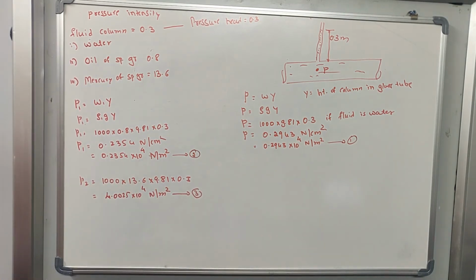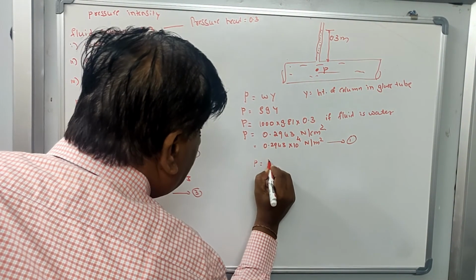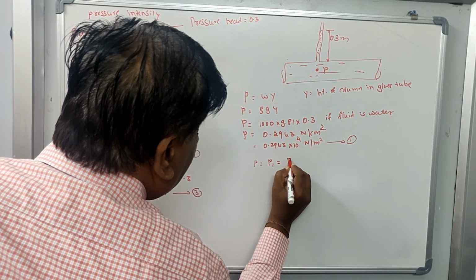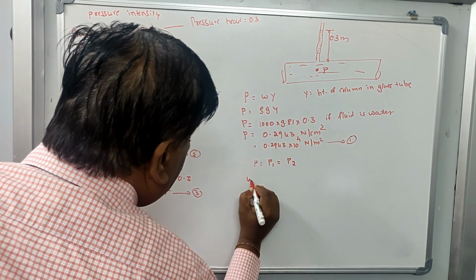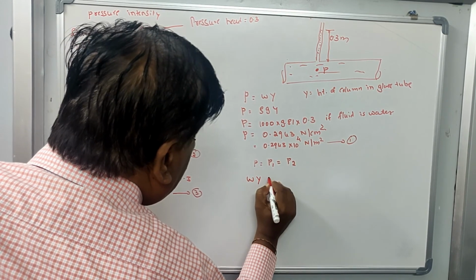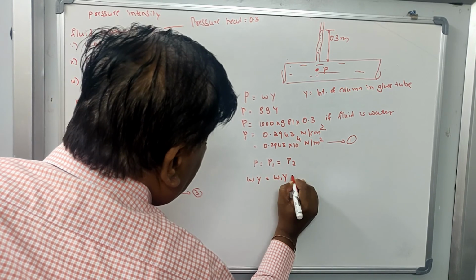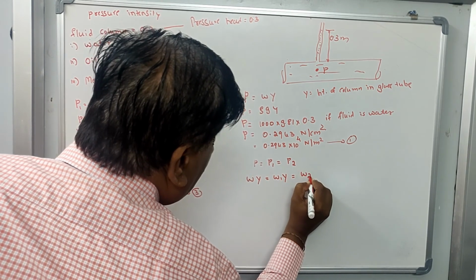Okay, so now let us consider this, that here P is equal to P1, which is equal to P2. What is P? P is Wy. Then P1 is what? W1y. P2 is what? W2y.